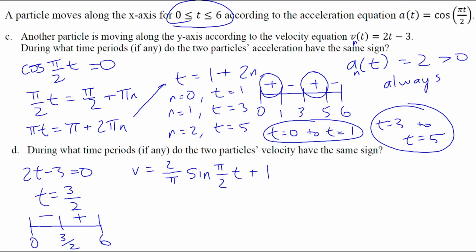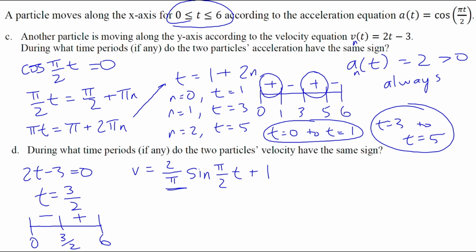And so if we have that, we should be able to tell that if I take the sine of anything, I get a value between -1 and 1. And if I take that value that's between -1 and 1, and I multiply it by 2 over pi, which we'll just approximate as around 2/3.